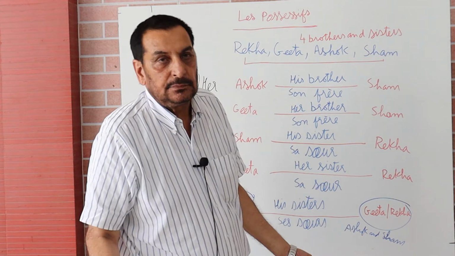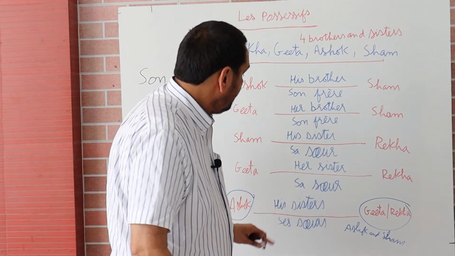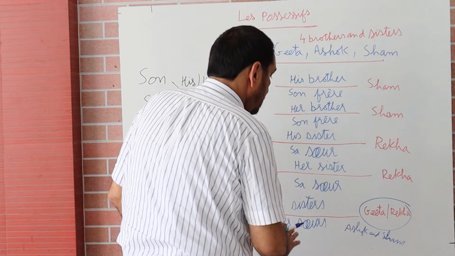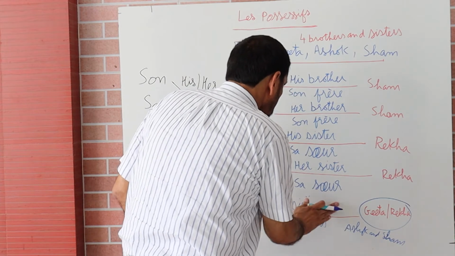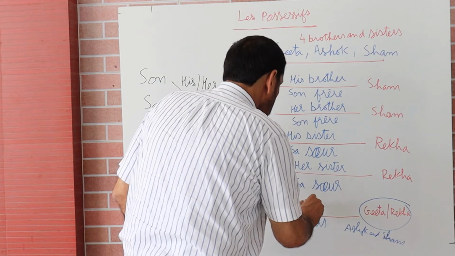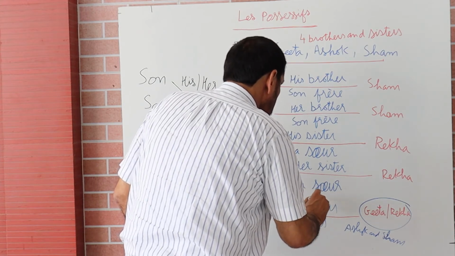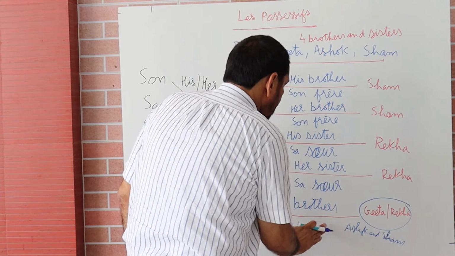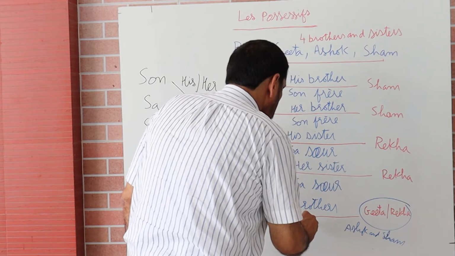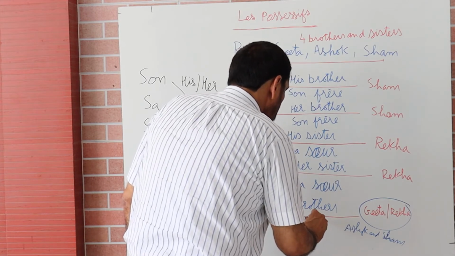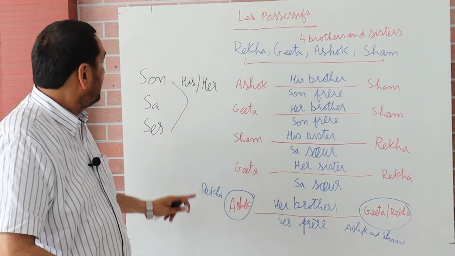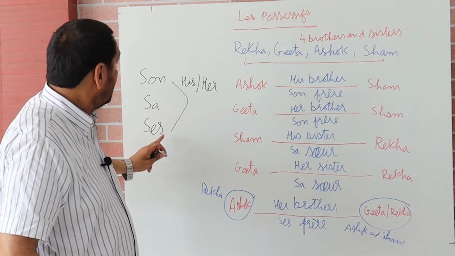So it's the same thing. Here we will say her brothers. Here it will become ses frères. Okay, I think it's clear because son, sa, ses.